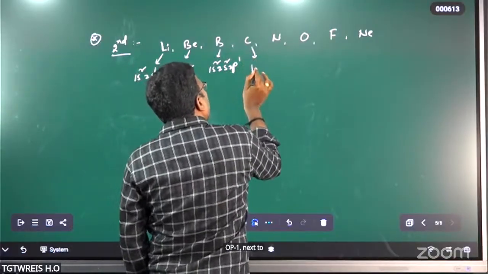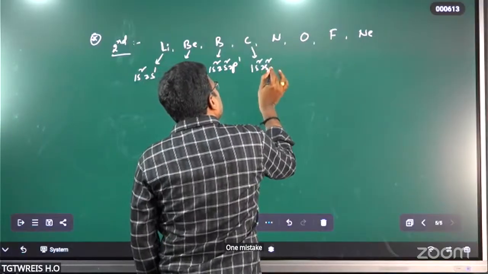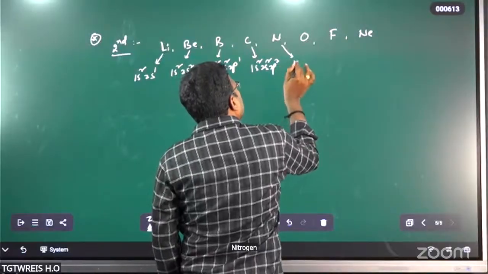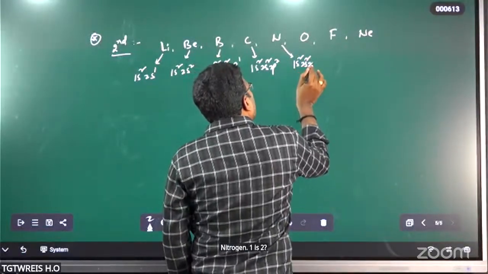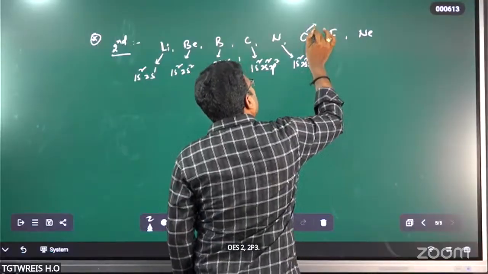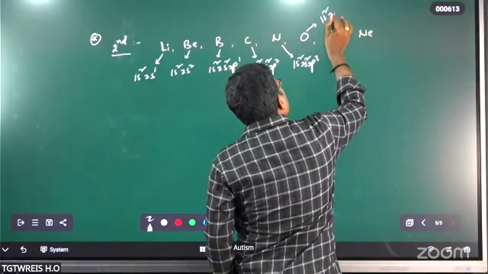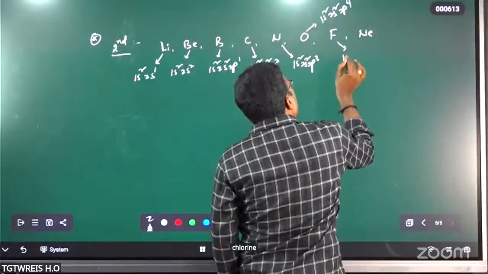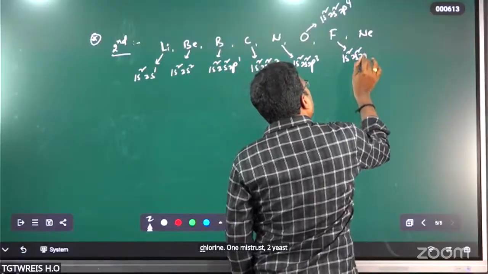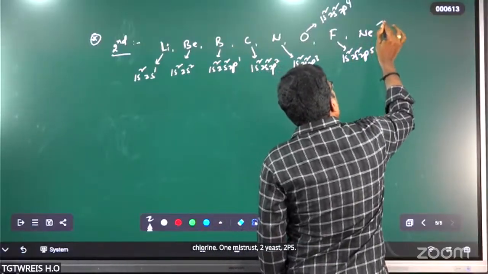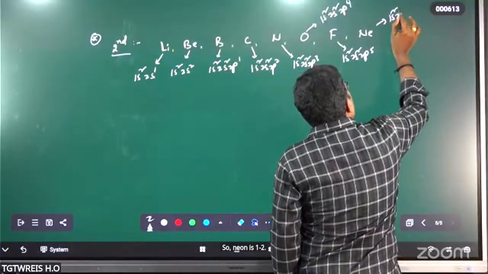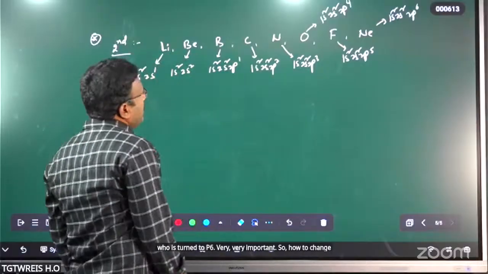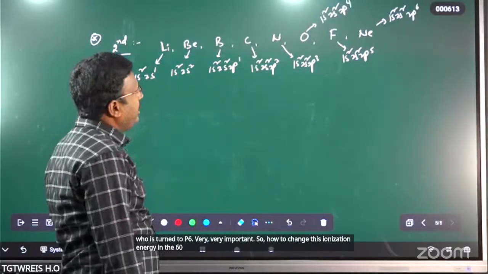Next carbon 1s2 2s2, next nitrogen 1s2, oxygen 1s2, fluorine 1s2. Final, neon is 1s2. Very, very important. So how does ionization energy change in the second period?